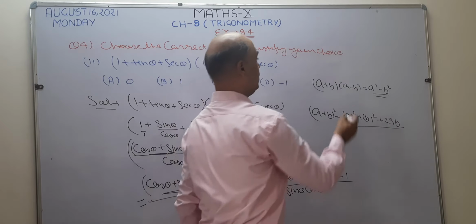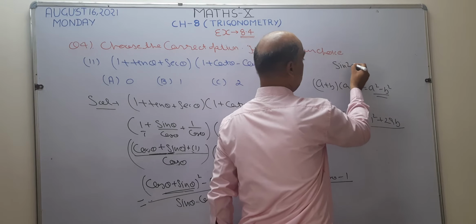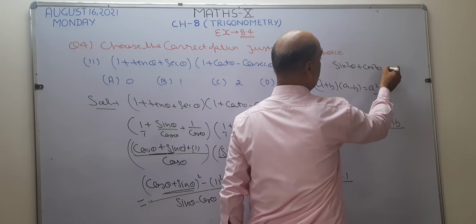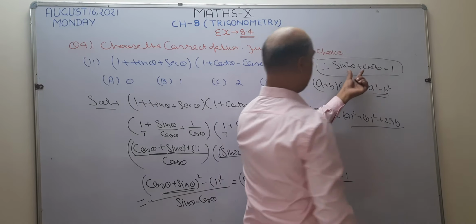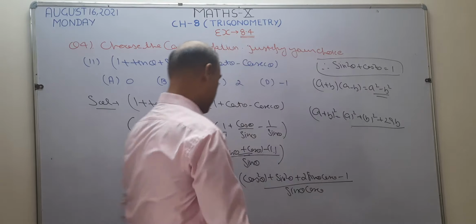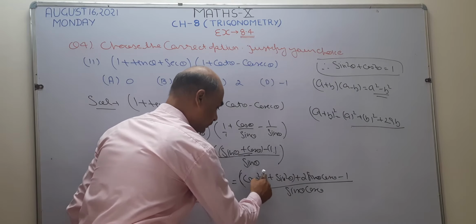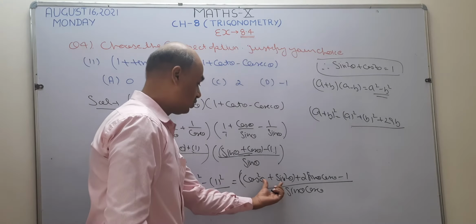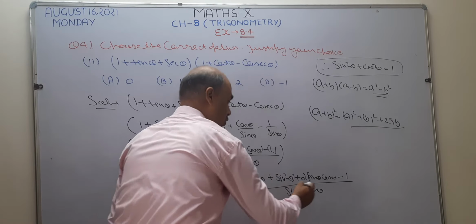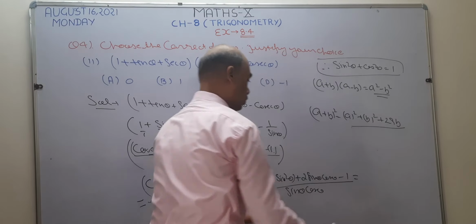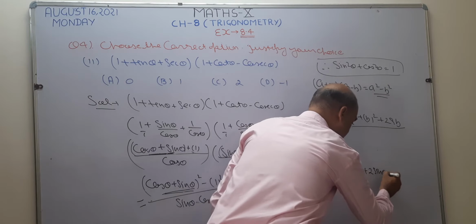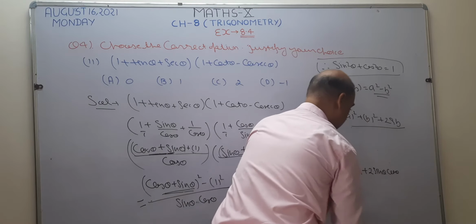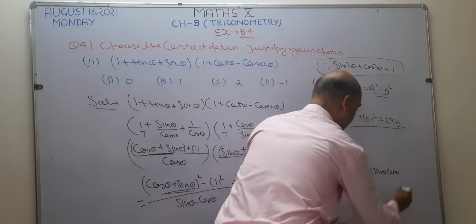Now one identity is there, I want to use this identity: sin square theta plus cos square theta is equal to 1. By using this identity, instead of sin square theta plus cos square theta, I want to write 1. So instead of these two, I write 1. What is left? Plus 2 sin theta cos theta. After that, minus 1 is there, and its denominator part is sin theta cos theta.